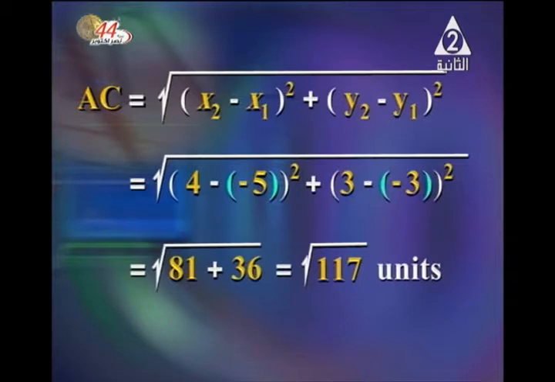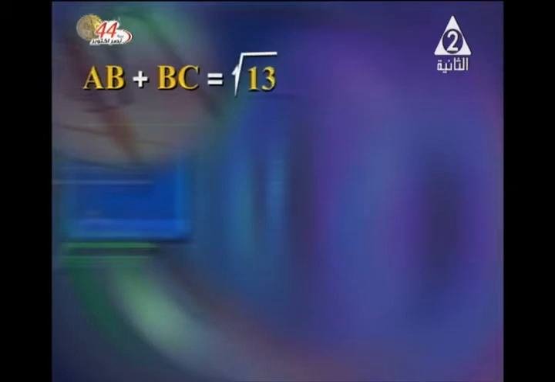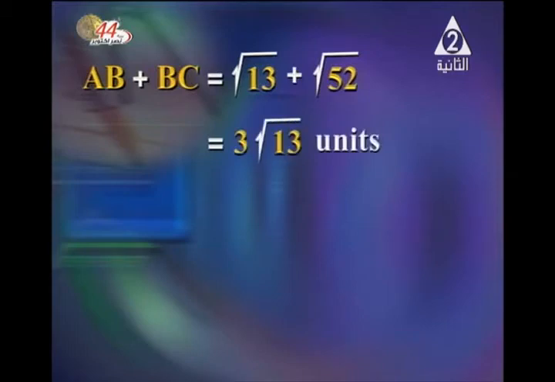Now try to add the smallest two sides, which are AB plus BC. What about AB? Square root 13. Plus, what about BC? Square root 52. So by adding them together, you are going to obtain a result as 3 square root 13 units. This is the sum of the two small sides.